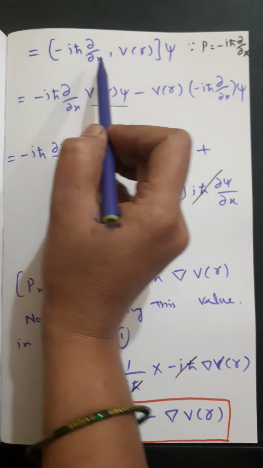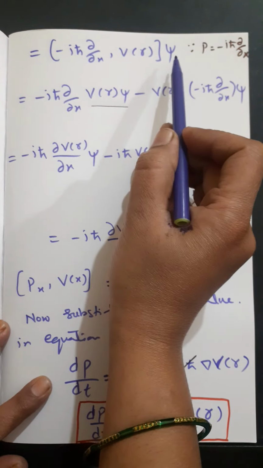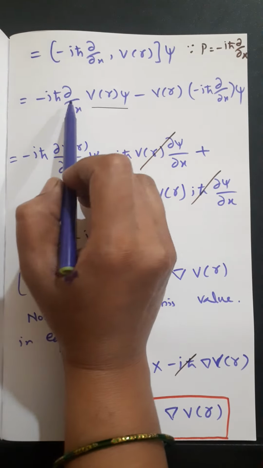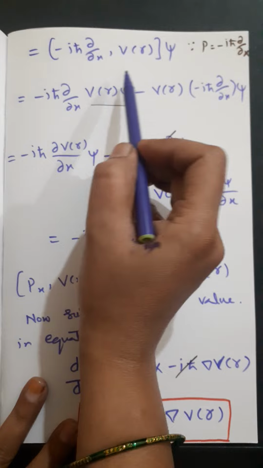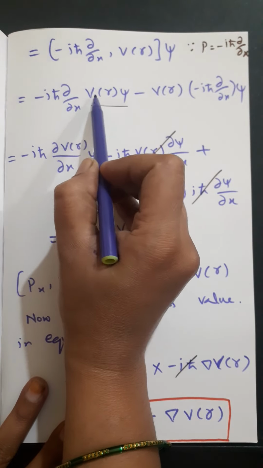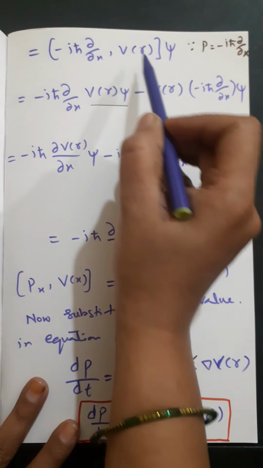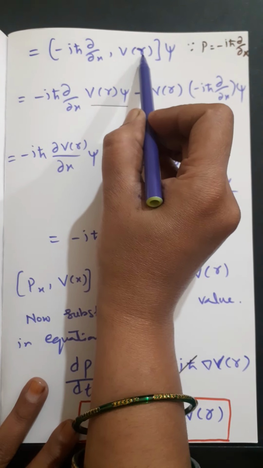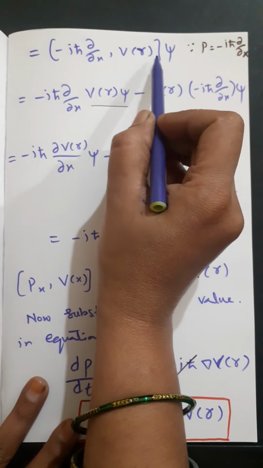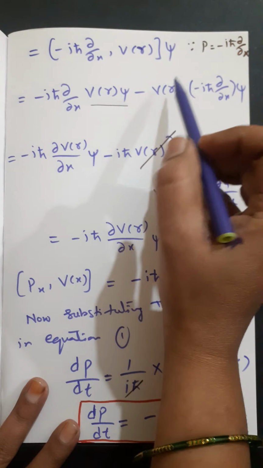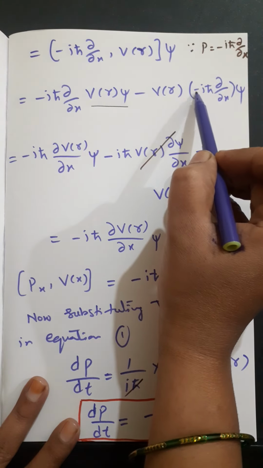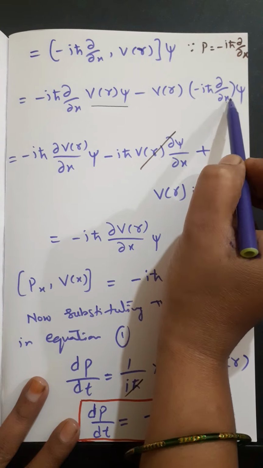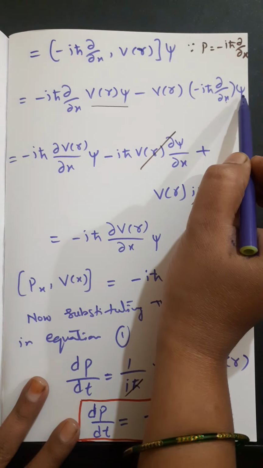So it is minus i h cross dou by dou x acting on V of x psi, minus V of r times minus i h cross dou by dou x of psi. Here we are replacing x by r, the position vector.